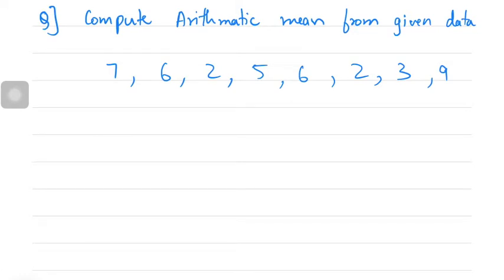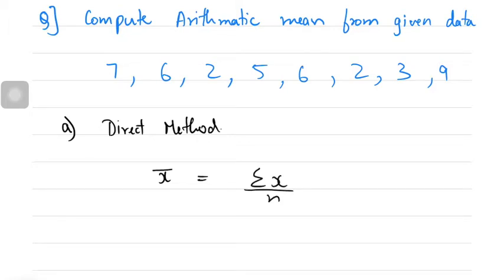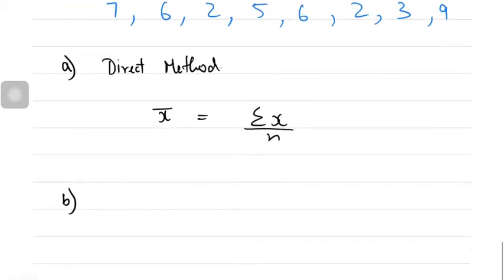So there are two methods. One is direct method. The formula is arithmetic mean is equal to summation x upon n. And second method is shortcut method.